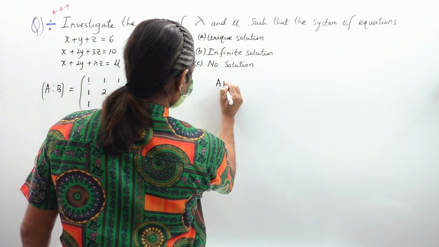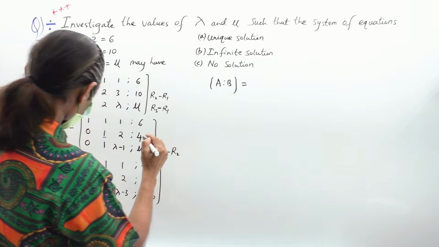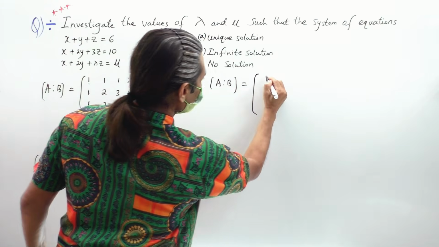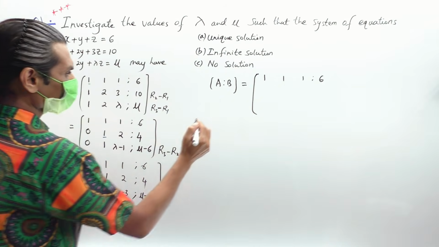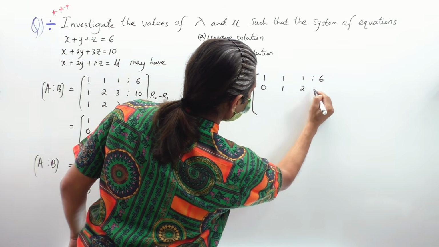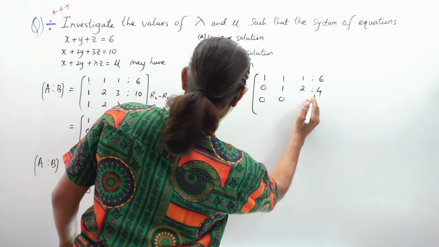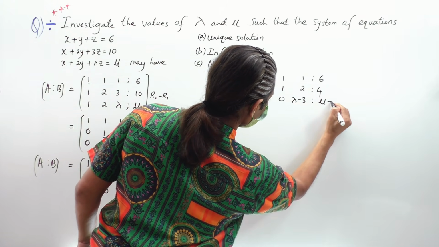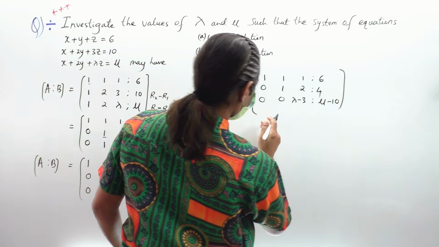We have A augment B is equal to 1 1 1 6, then 0 1 2 4, and lastly 0 0 lambda minus 3 and mu minus 10, right? This is what I have.